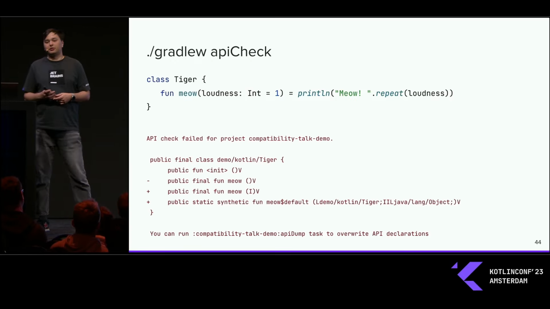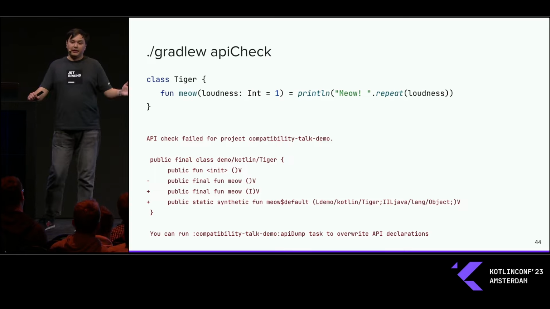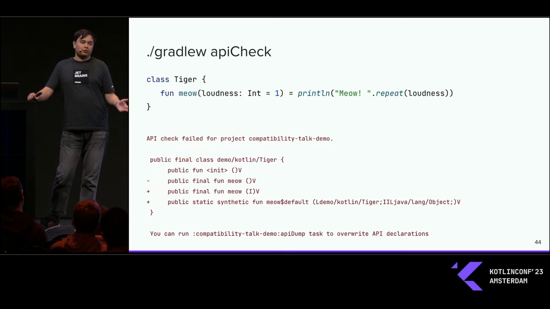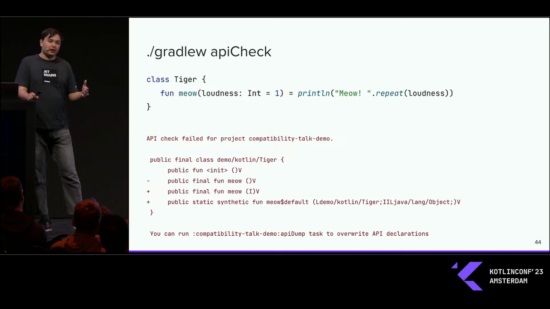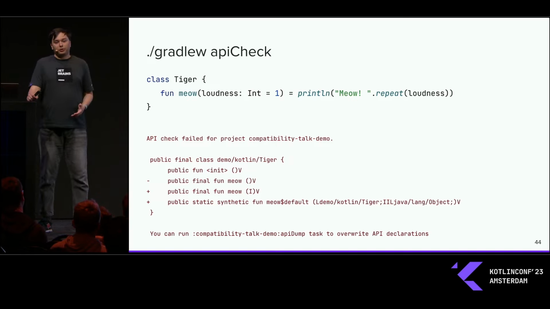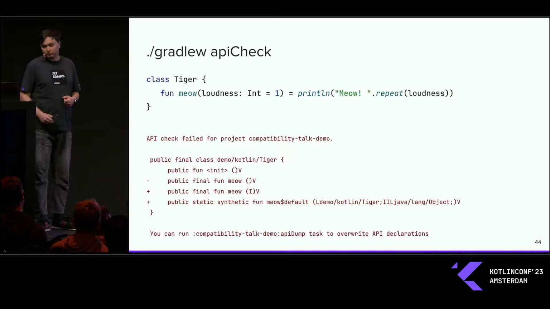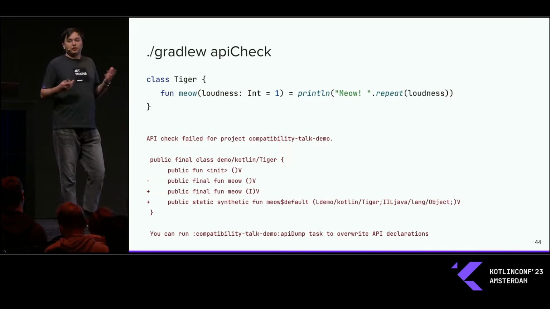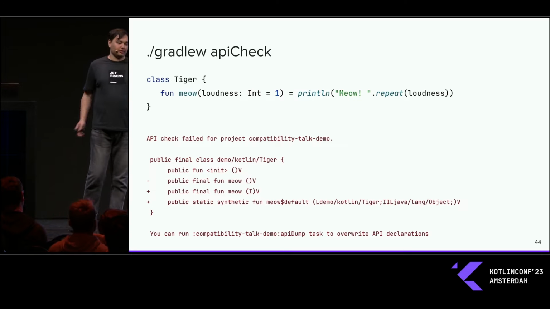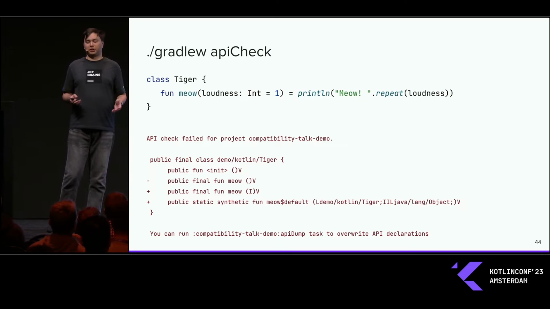What it is saying here is basically, hey, I've just taken the dump of your public signatures and I compared it with the file you have in your version control system, and they're different. So please do something with it. And it fails the task and it fails your build because API check is a part of Gradle check.